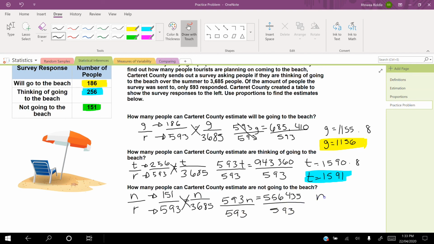And we're going to get that N equals 556,435 divided by 593, which is going to give us 938.3, and we can't have 0.3 people, so we can round that to be 938. So Carteret can estimate that out of the people we asked, 938 of them are not going to be going.